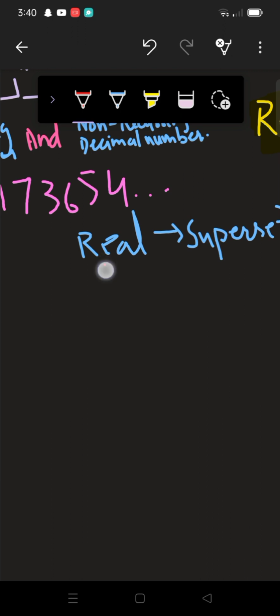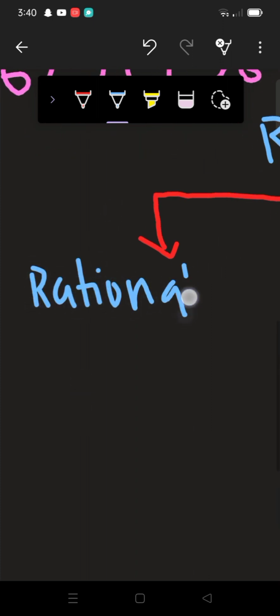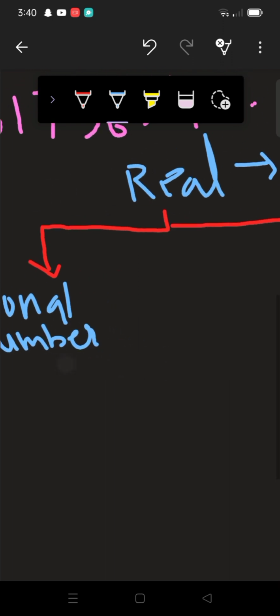After real numbers, you know real numbers are basically a combination of rational as well as irrational numbers. So let's write this. Rational numbers means rational numbers are a subset of real numbers, as well as irrational numbers are a subset of real numbers as well.